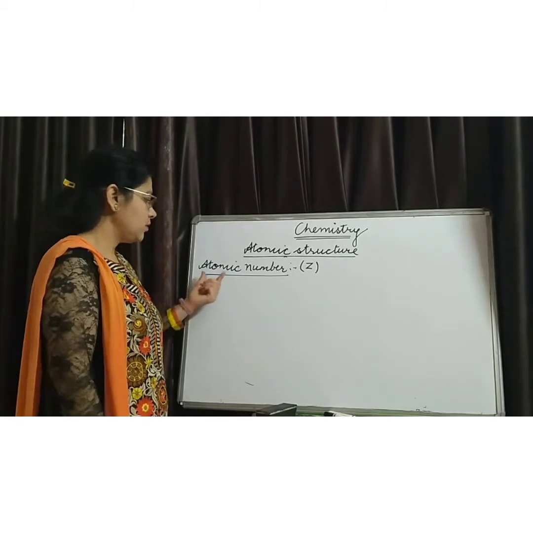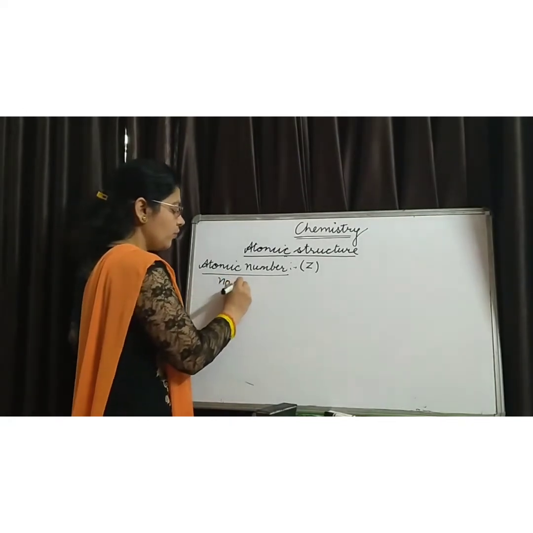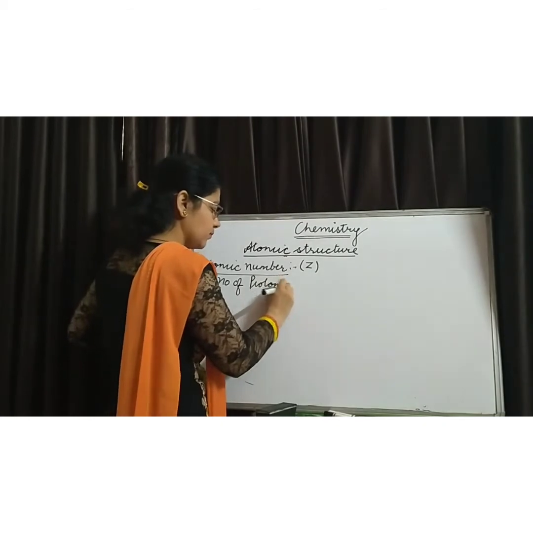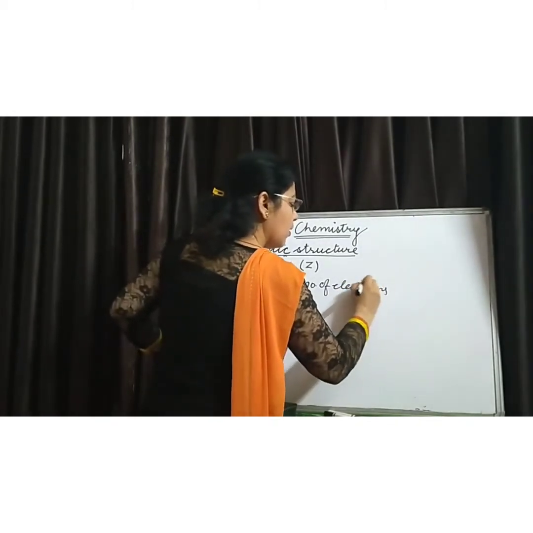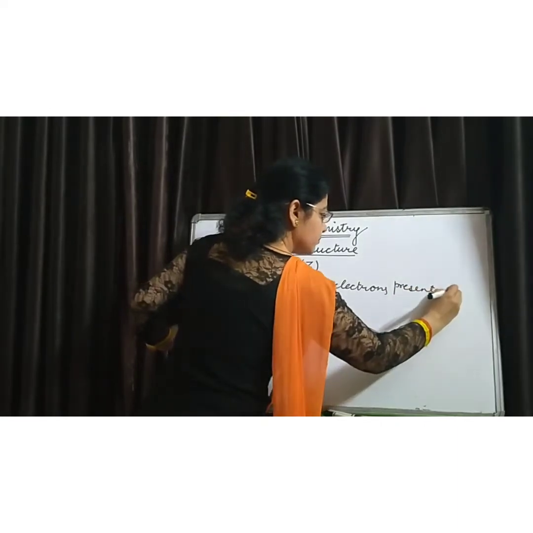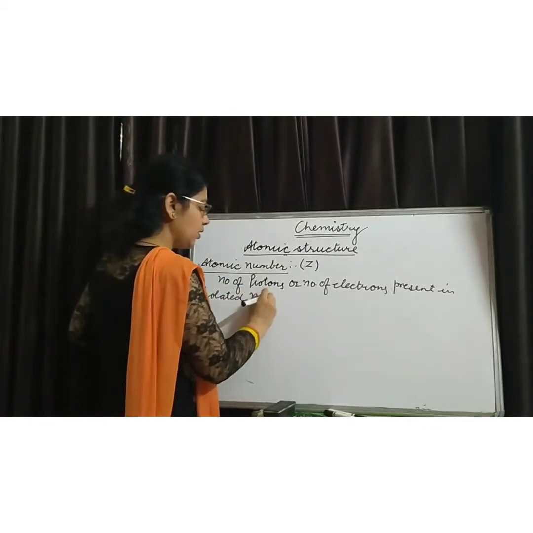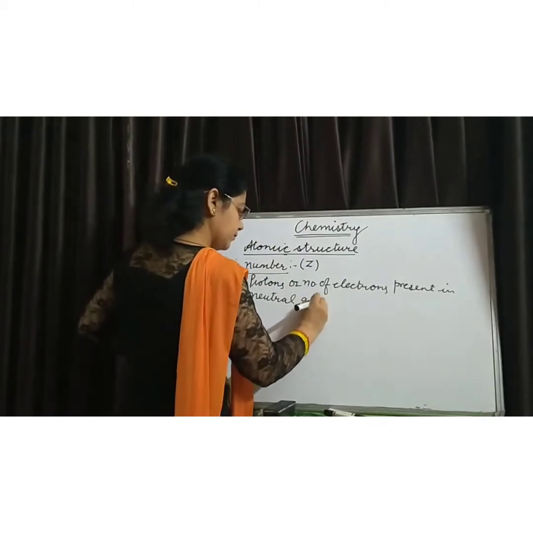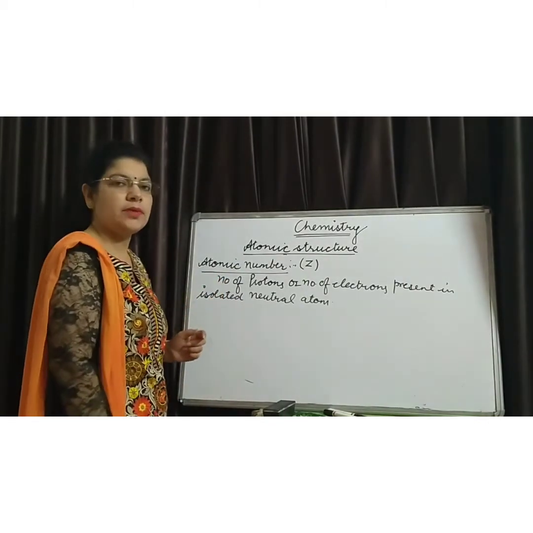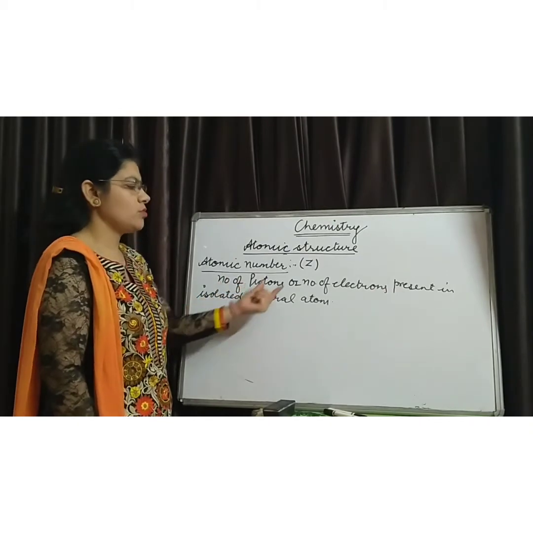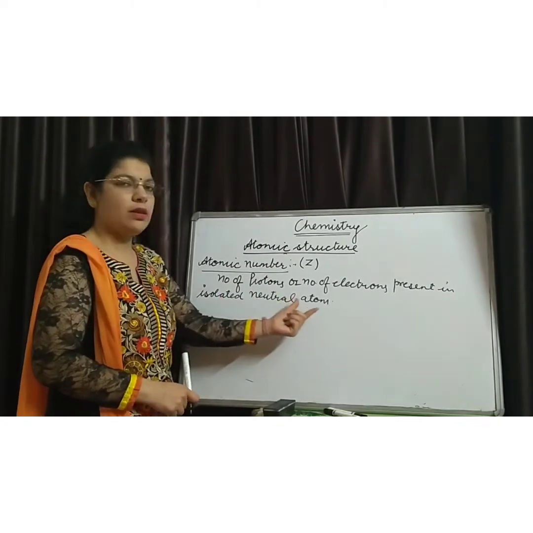How can we define the atomic number? Atomic number of an atom is defined as the number of protons or the number of electrons present in an isolated neutral atom.